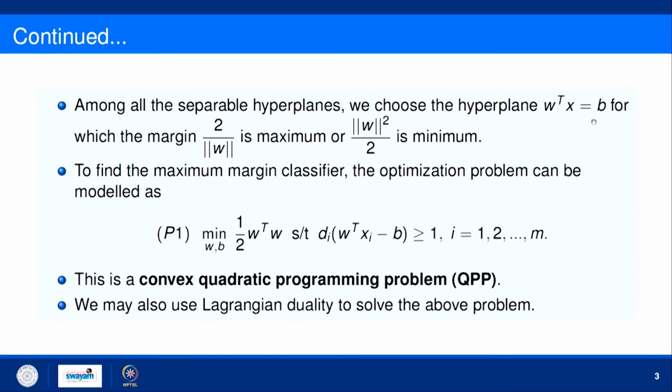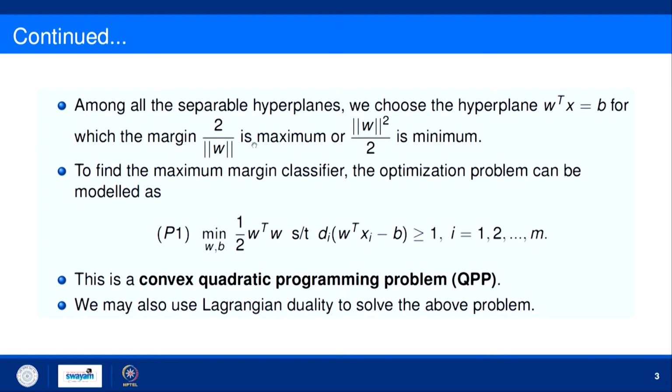Now, what is our aim? Our main aim is to maximize the distance between the two hyperplanes. What is the margin? The margin is basically 2 upon norm of W, and this is to be maximized. It is the same as saying that norm of W is to be minimized.